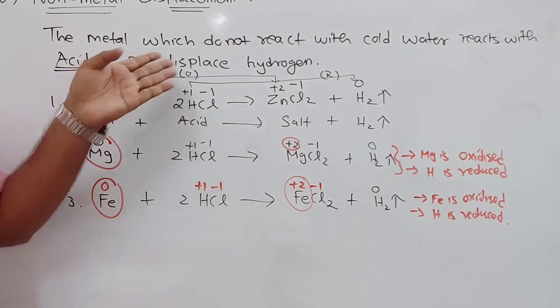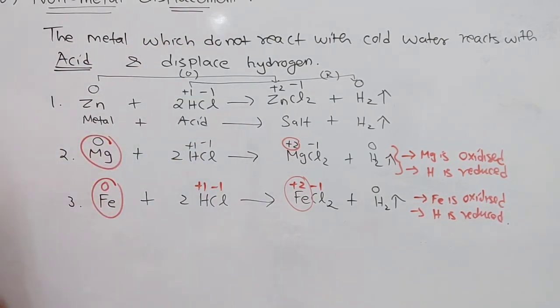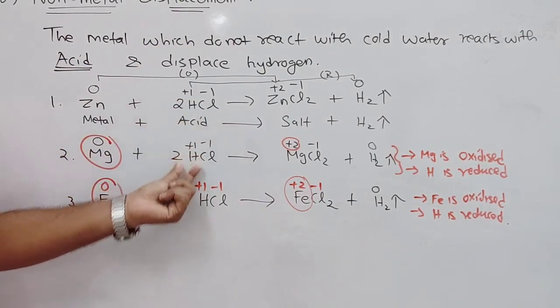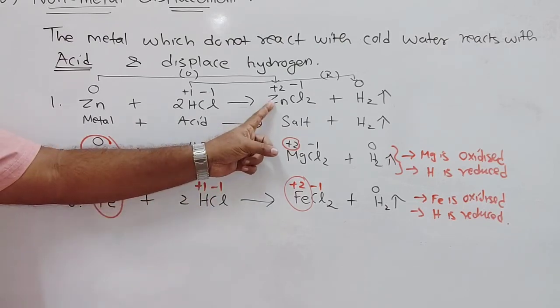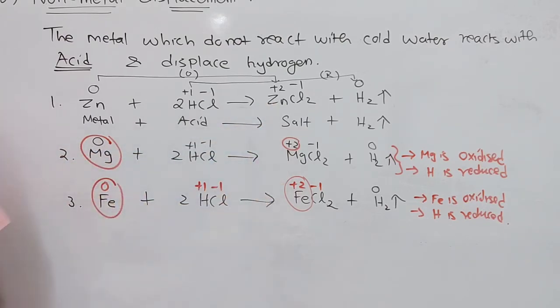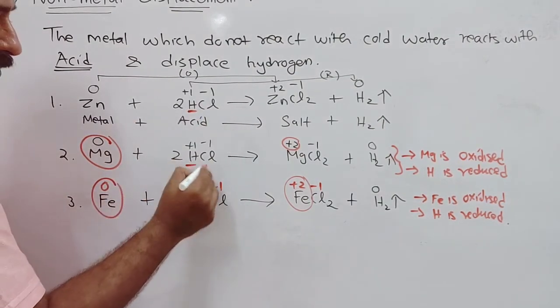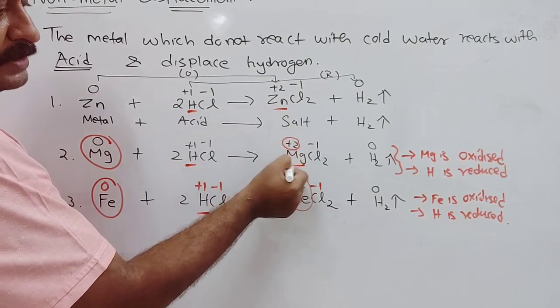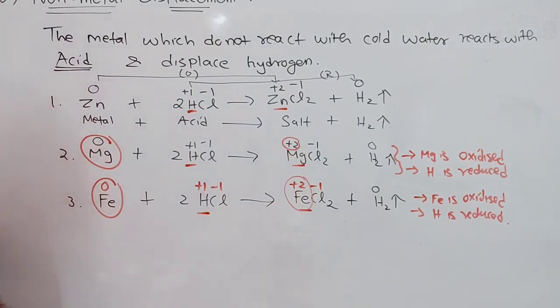They react with acid and displace hydrogen. Here you can see this hydrogen is displaced, and the metals form a salt. Understood this part? Hydrogen is displaced, and all these metals make salt by displacing hydrogen. So this was all about the reaction of metals with acid.